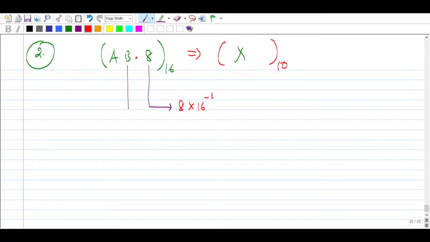And this B is there, so B means 11, so 11 into 16 to the power 0, and A is meant for 10, just 10 into 16 to the power 1. Now you can add all.